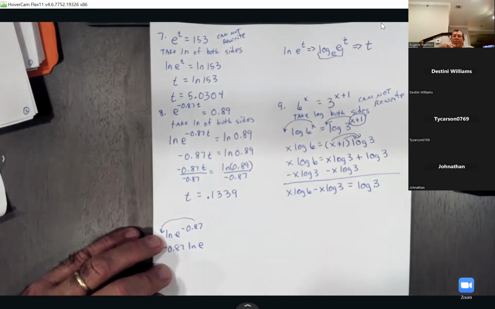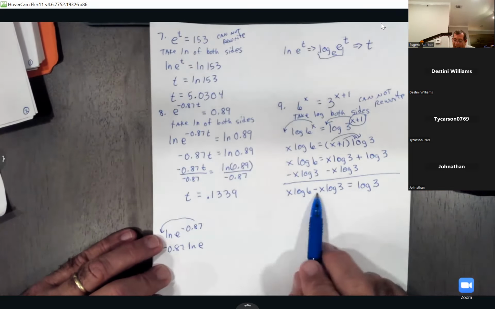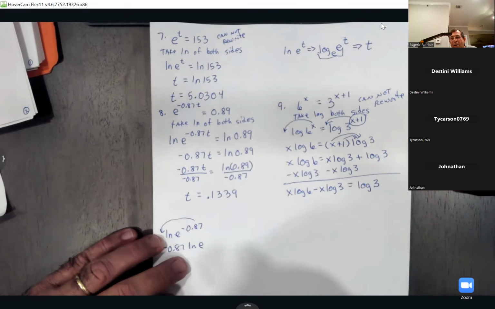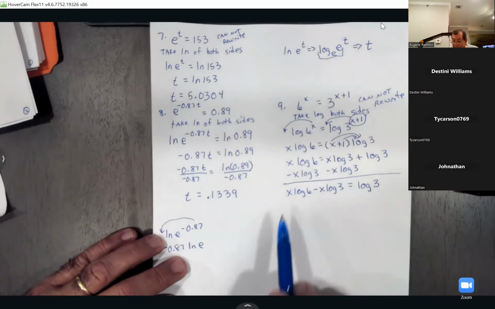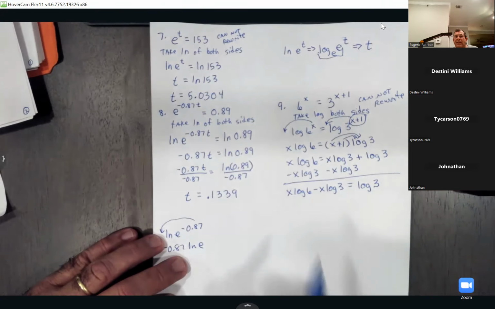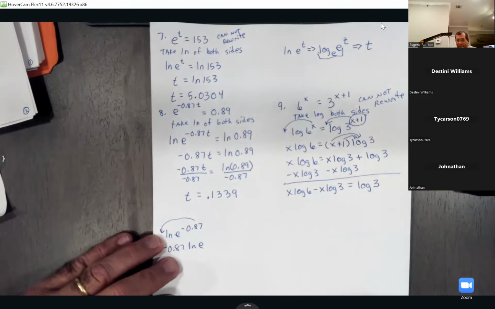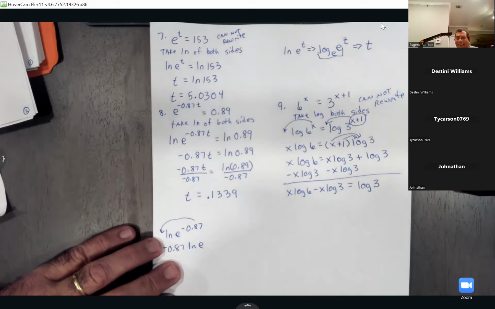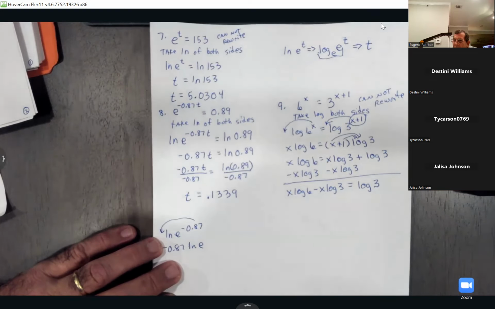So I'm going to ask y'all again. I got an x in both of these terms. How can I turn these two x's into one x? Combine. Is it factor out the x?